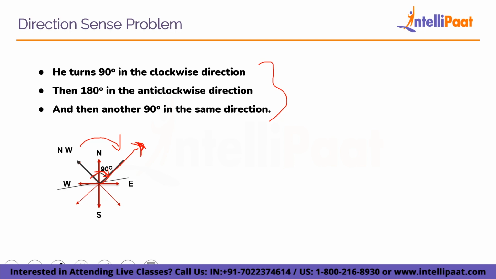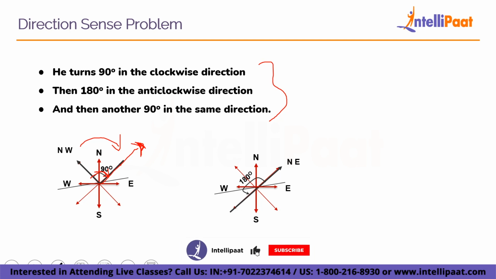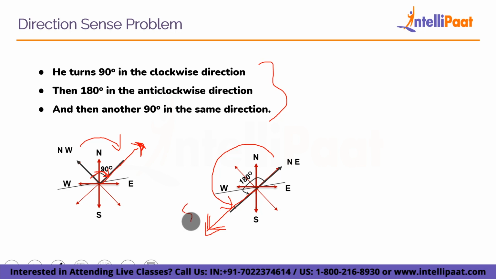The second statement says, then he turns 180° in the anti-clockwise direction. So now the man is moving 180° in the anti-clockwise direction, and now the man is here in the southwest direction, right?